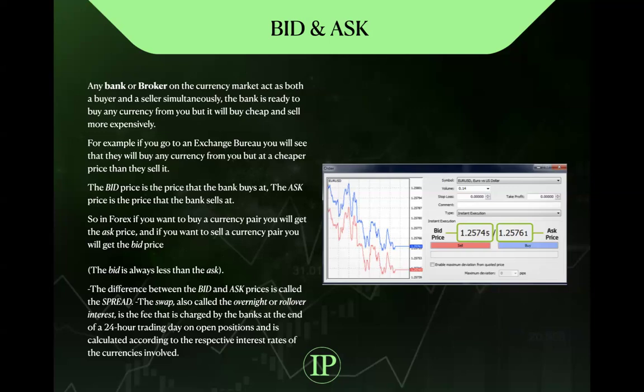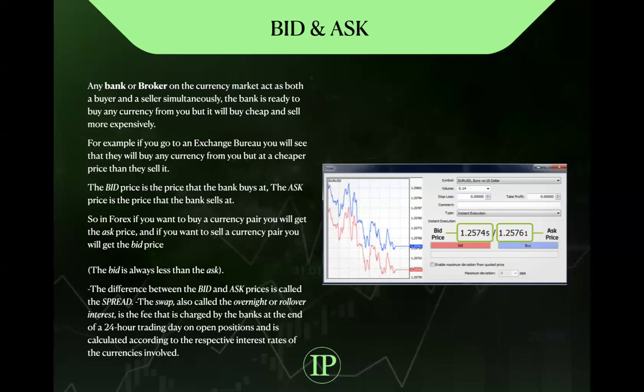For example, if you go to an exchange bureau, you will see that they will buy any currency from you at a cheaper price than what they will sell it for. Okay, the bid price is the price that the bank buys at, and the ask is the price that the bank sells at.